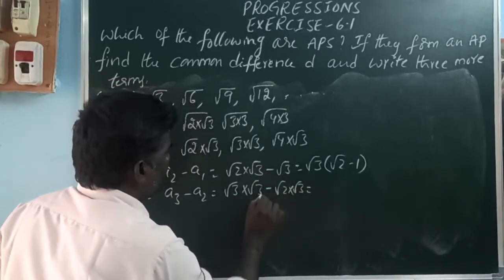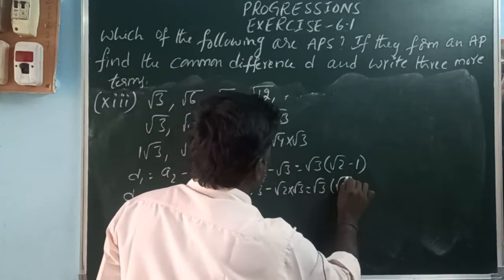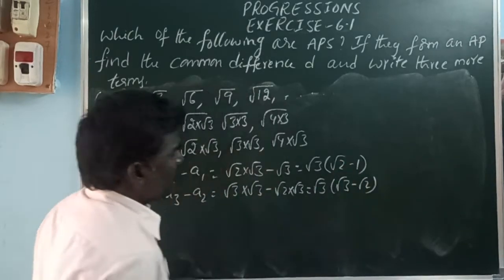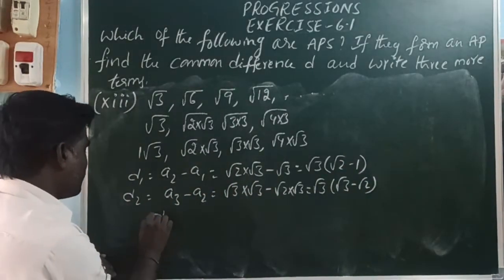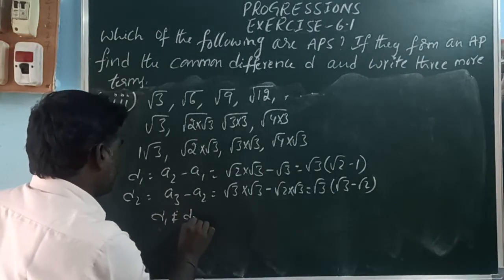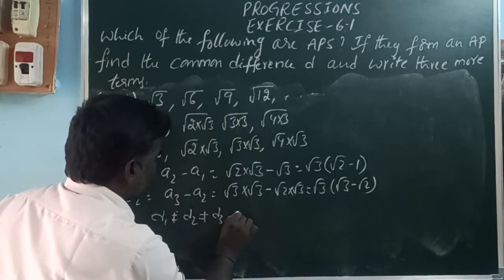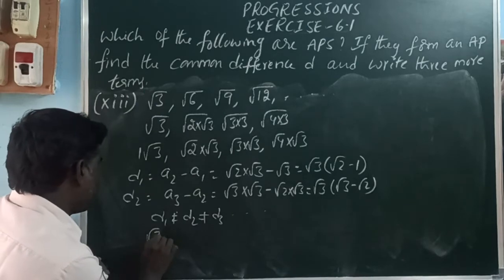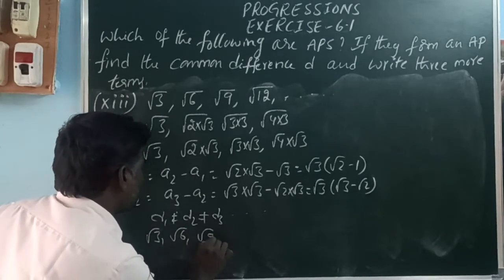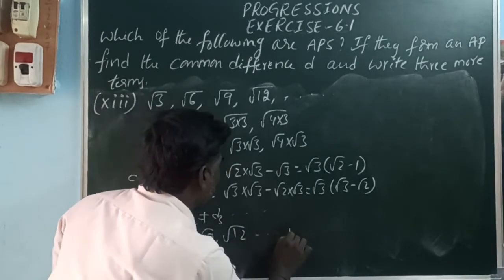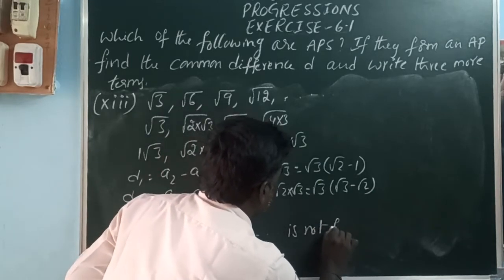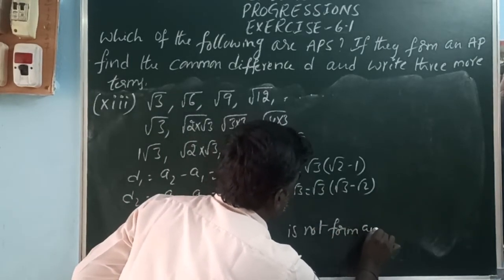So in this what is common? Root 3. Root 3 of root 3 minus root 2. So the common difference is different. So d1 is not equal to d2. So not equal d3 and so on. So therefore root 3, root 6, root 9, root 12 does not form an AP.